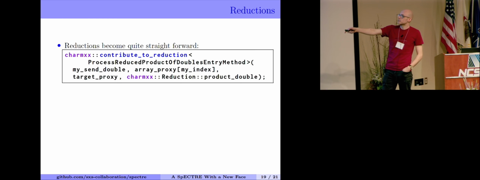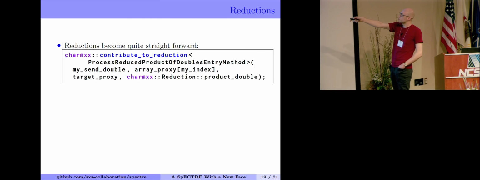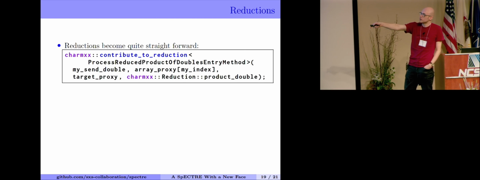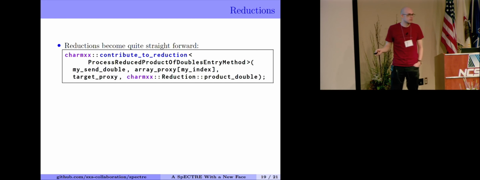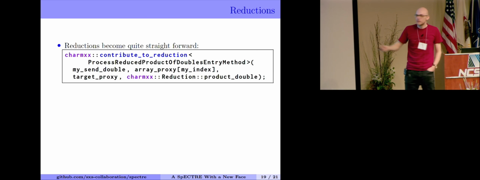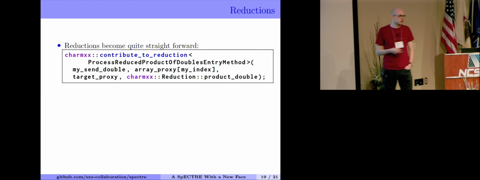And you say, okay, I want to send this data, my send double, to array proxy, from array proxy my index, to my target proxy, and I want to use Charm++'s product double, so I'm going to multiply them all together. And that's how you contribute to reductions. That's it. Then when it's all done, it'll invoke this entry method on the target proxy.